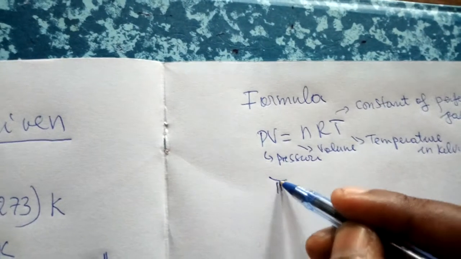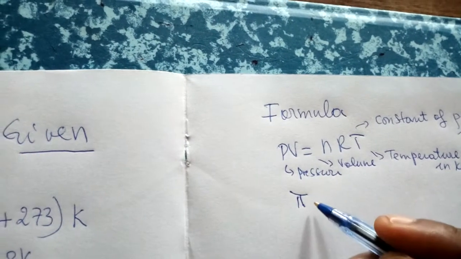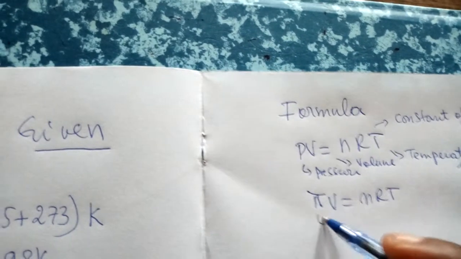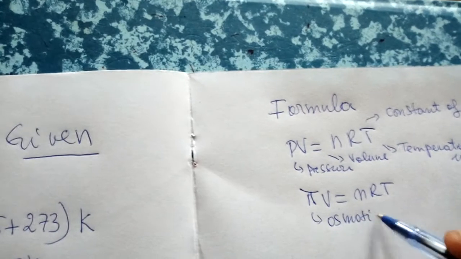After finding this equation, you have to write pi as the osmotic pressure is equal to cRT. This is osmotic pressure.